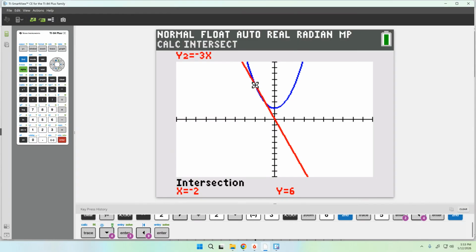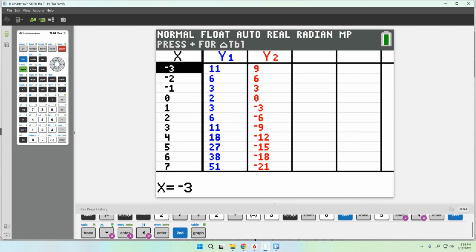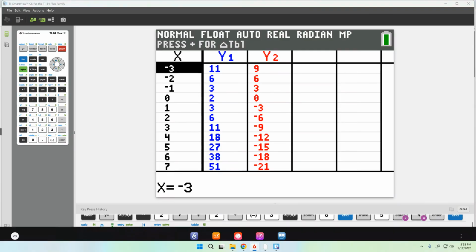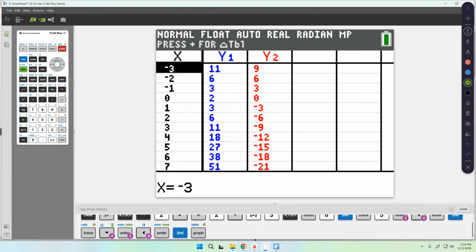So to get that information, I want to go to the table to find a table of values. So we're going to go to second graph to get our table of values. Okay. One of the things I want to notice in the table is where those points of intersection are. And what I'm looking for in that table is where the y values are the same.